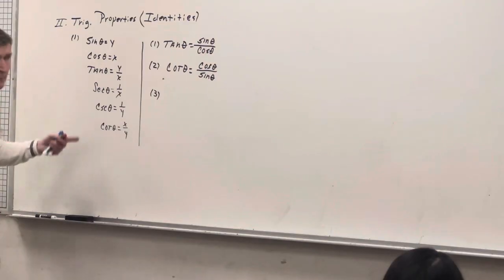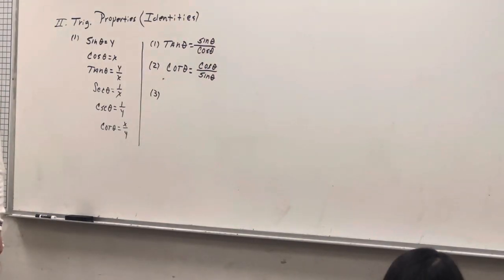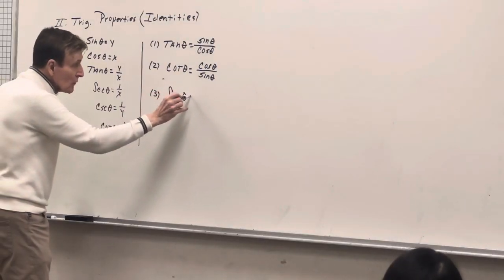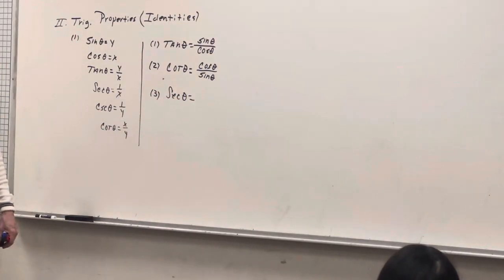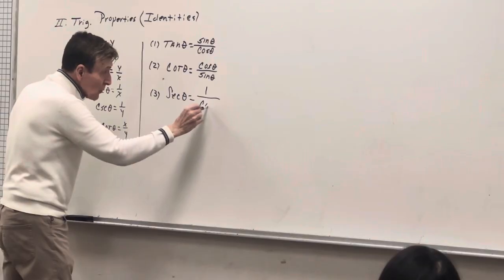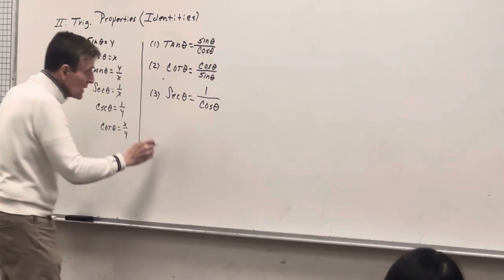Does anyone see something else that can be expressed a little differently? Secant. And how would you express secant? Right now it says 1 over x. So I can express that as what now? 1 over an x, I think, was by definition what? Cosine? That's out of the way.